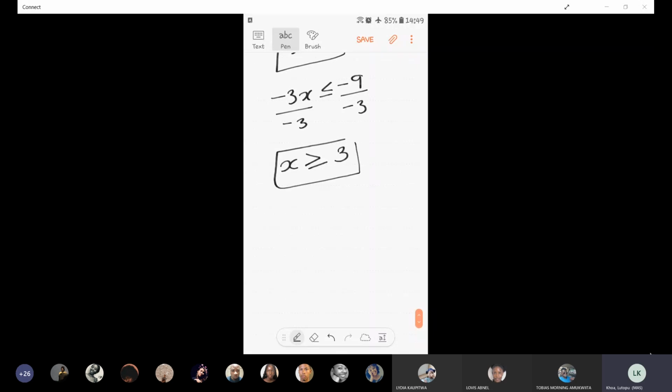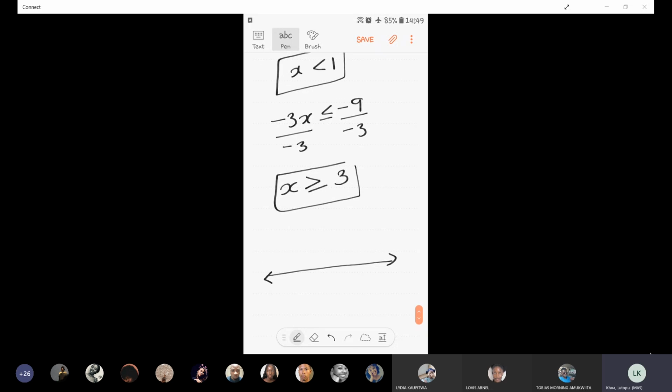So to represent them, you draw a number line. The first one was that x is less than 1, so 1 will appear before 3. So our circle is unshaded because it is strictly less than 1, and less than 1 is to the left of 1.